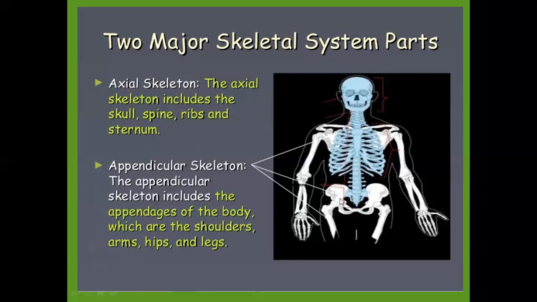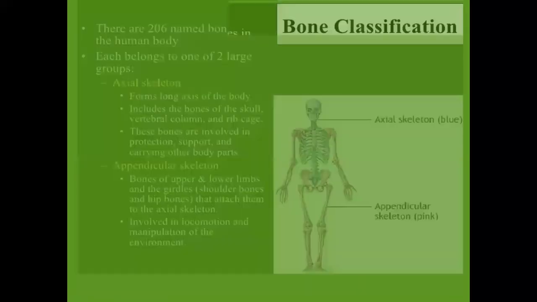It consists of 126 bones, and in this skeleton there are bones of the pectoral girdle and also the pelvic girdle. Now, one by one, we will see these bones.